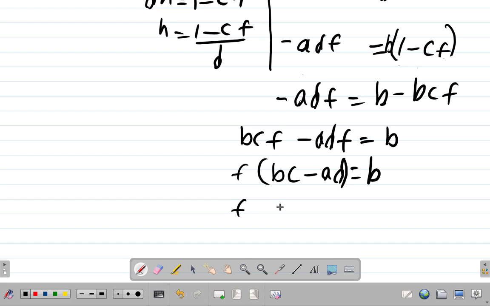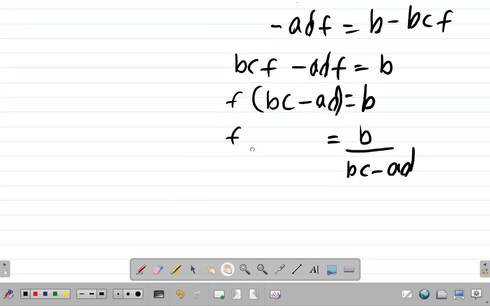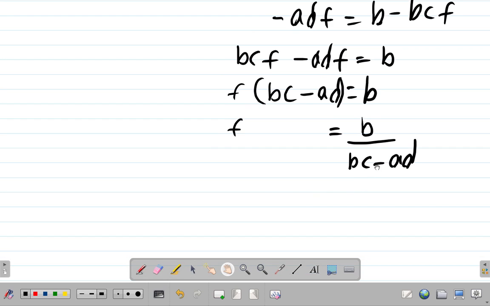We would have F is equal to, if we divide both sides by BC minus AD, B divided by BC minus AD. But guess what? It is AD minus BC that we want. So what we can do is multiply this by negative 1, but we'd have to multiply the top by negative 1 as well.